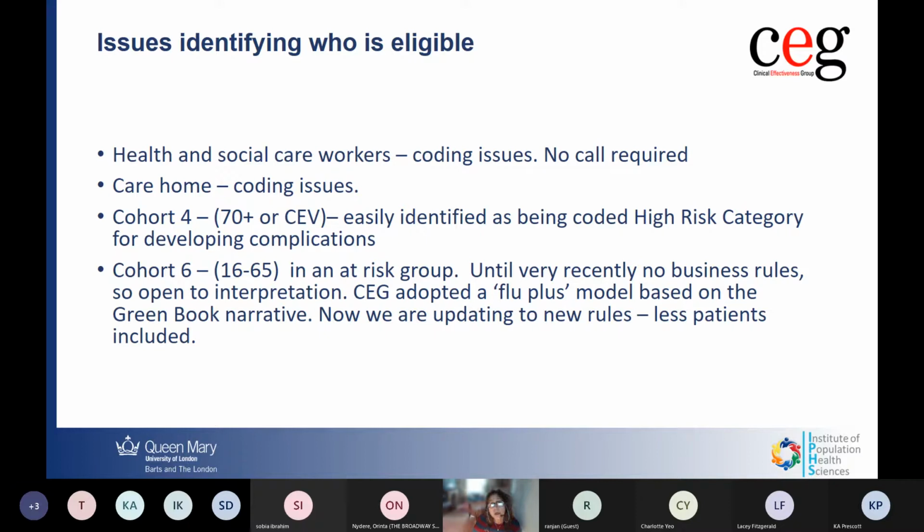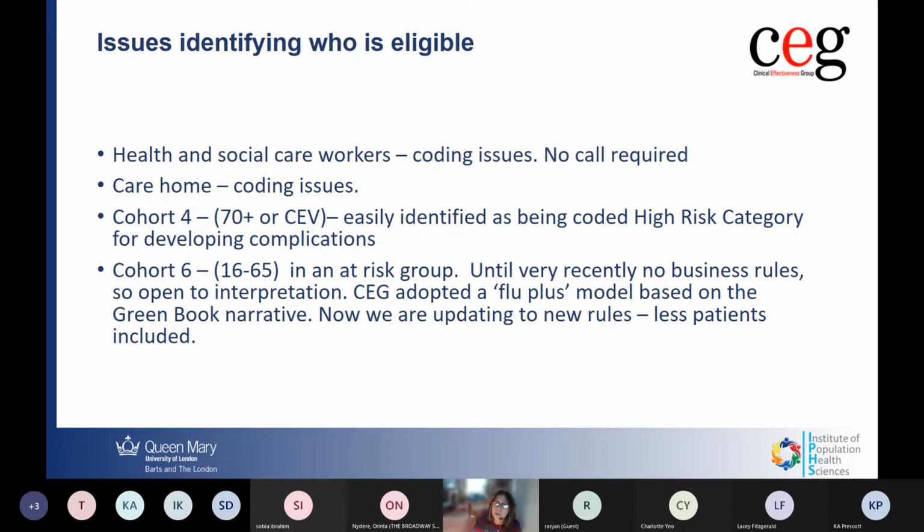If somebody came up who was no longer in a care home, we were asking practices to put on a code that said no longer in a care home, which would mean that they wouldn't show up in that cohort, but would show up in one of the later cohorts.